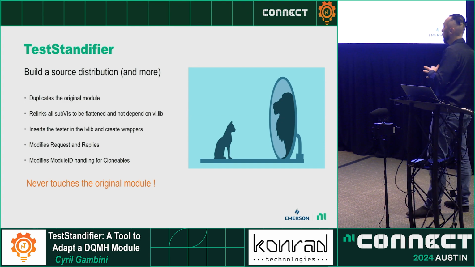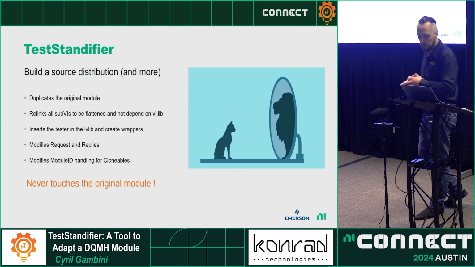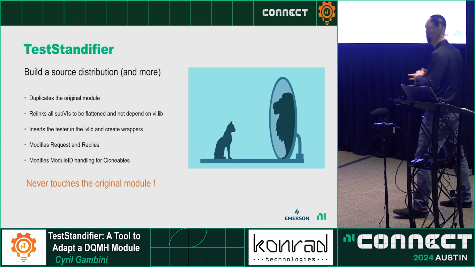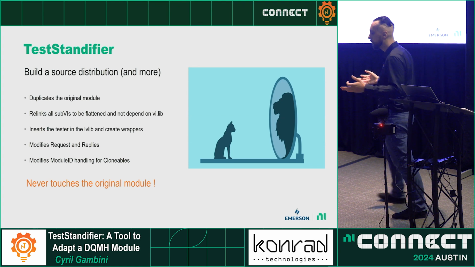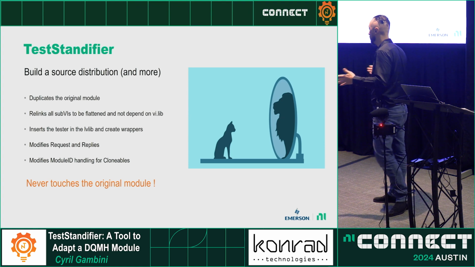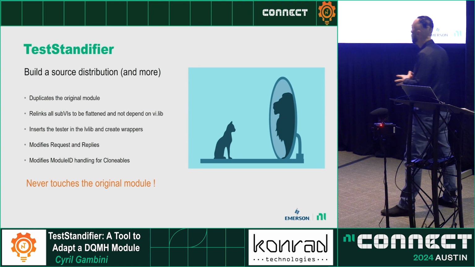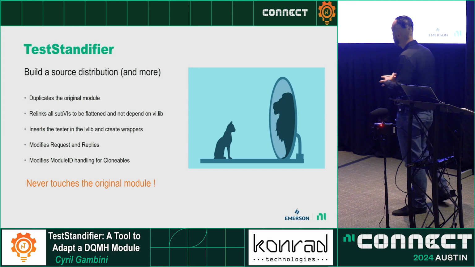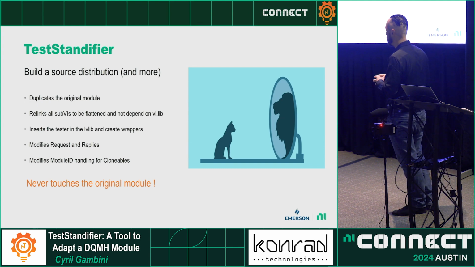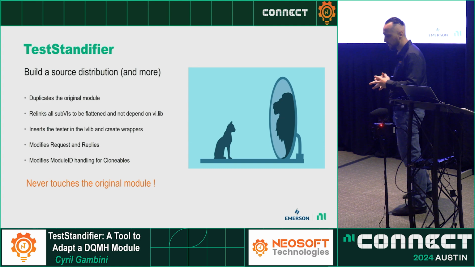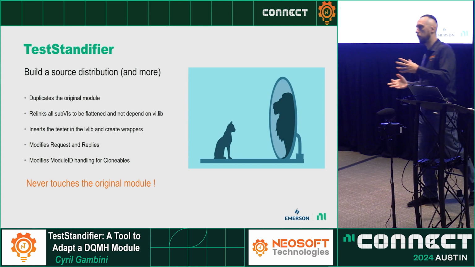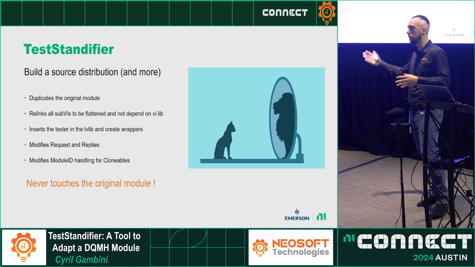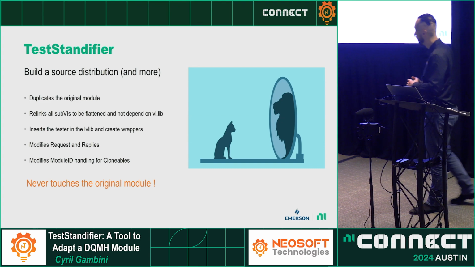We also modify requests and replies, and I will show you that right after, just to be able to stop the execution rapidly. And we also modify from the source distribution the way that the module ID is handled in clonable modules. So it will be easier for you to synchronize the module ID thanks to the test socket index afterwards.